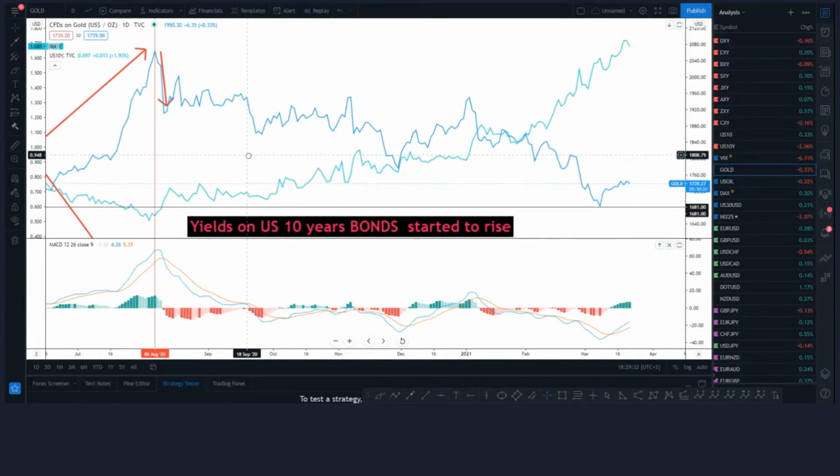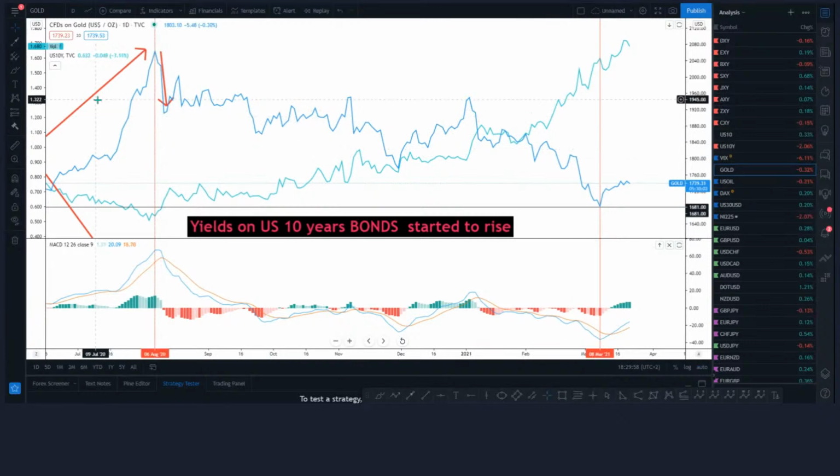Start to rise and the gold starts to fall. It has been going till now. Okay. But here, March 28th, 8th of March 21, the gold started to rise. However, the yield is still going, but the gold is holding ground.